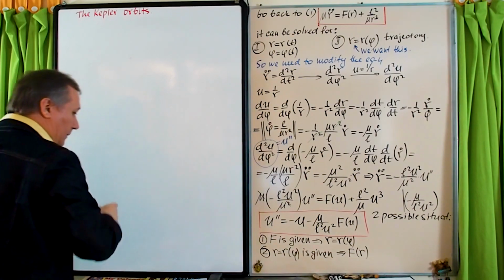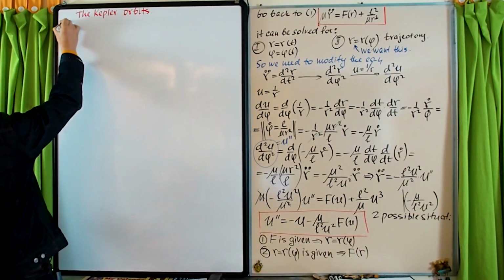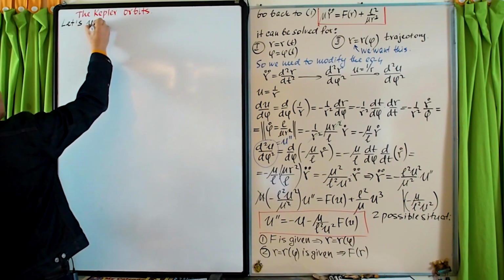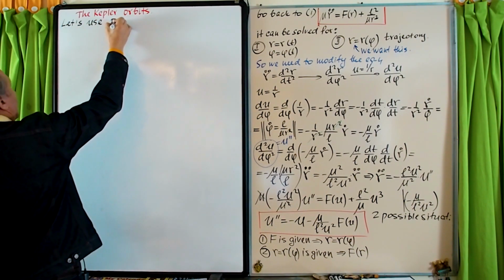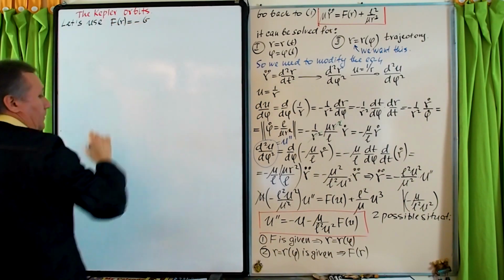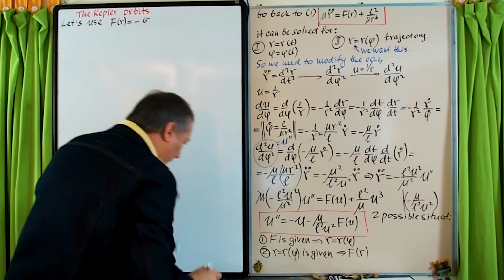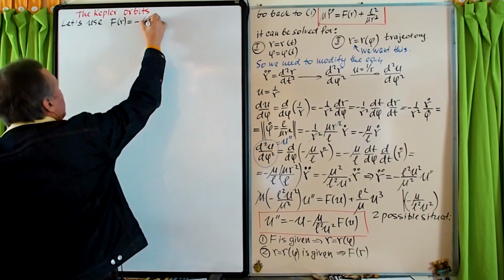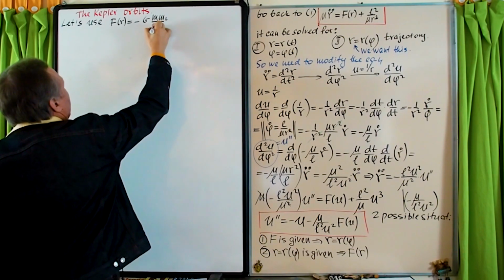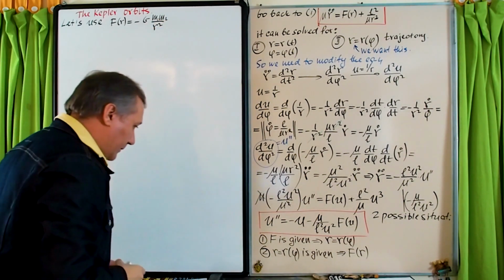Okay, so let's use force F as a function of r equals minus G m1 m2 over r squared.